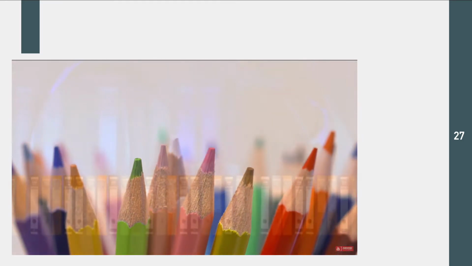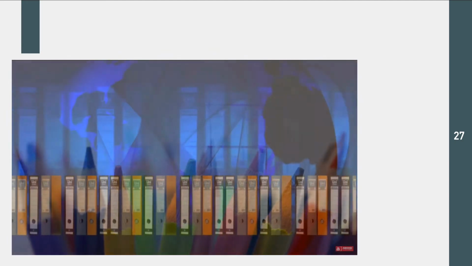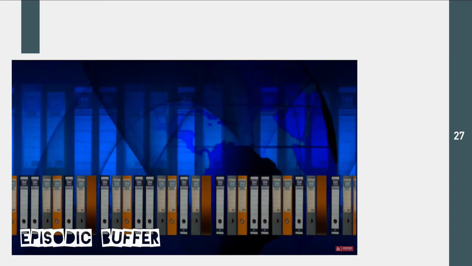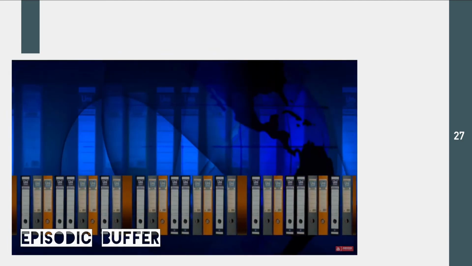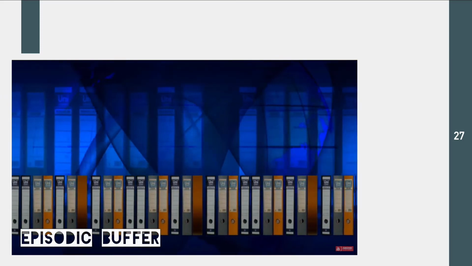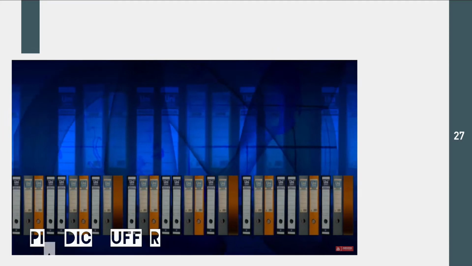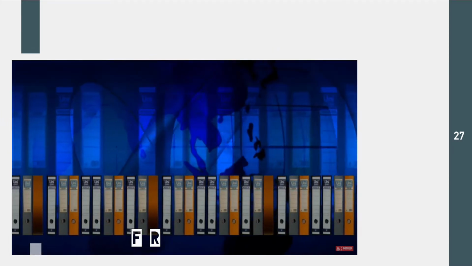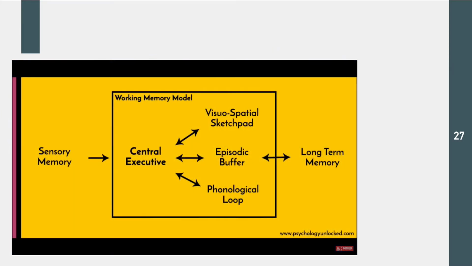The final slave system in Baddeley and Hitch's model is the episodic buffer. As with the central executive, less is known about this element of the model than the phonological loop and visuospatial sketchpad, but theorists included it in the model in a bid to account for the interaction between working memory and long-term memory.